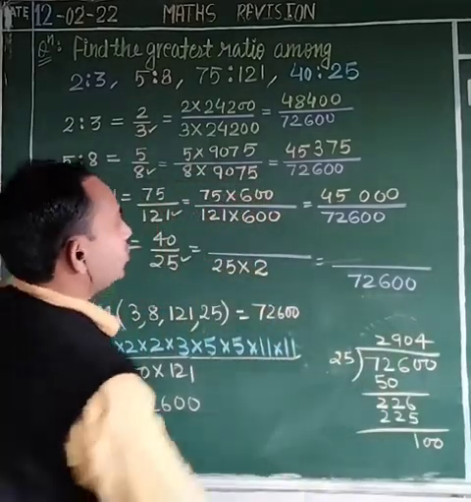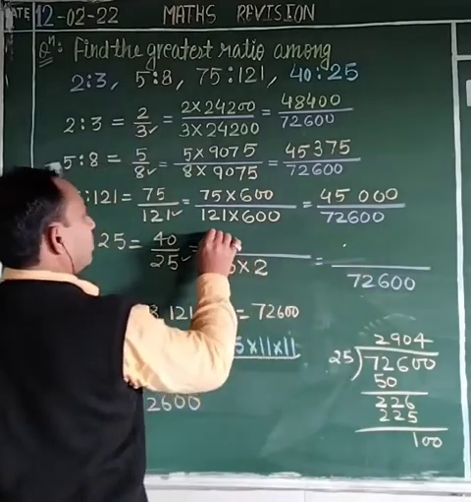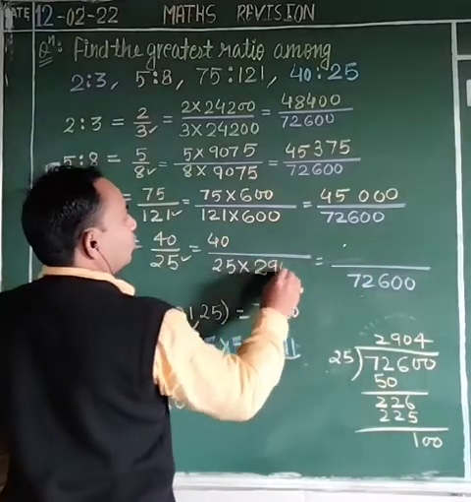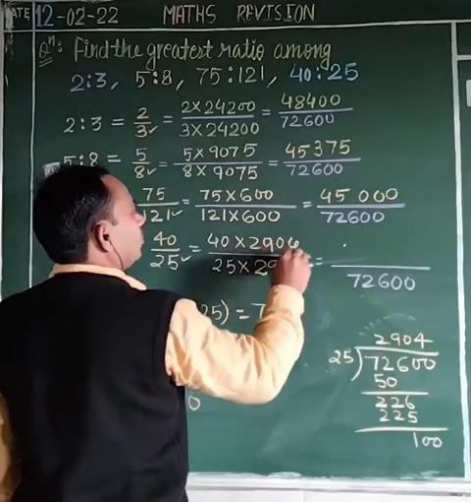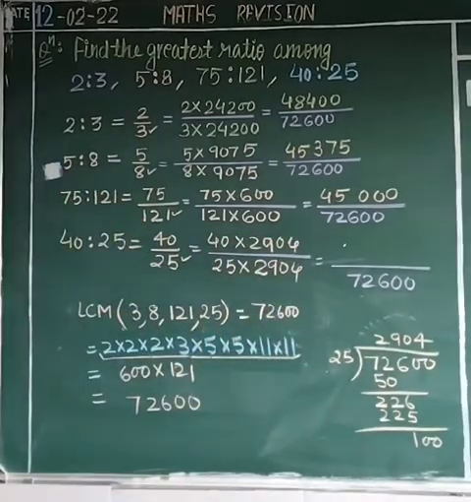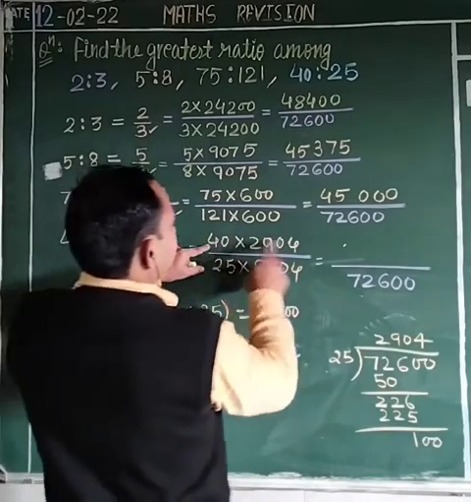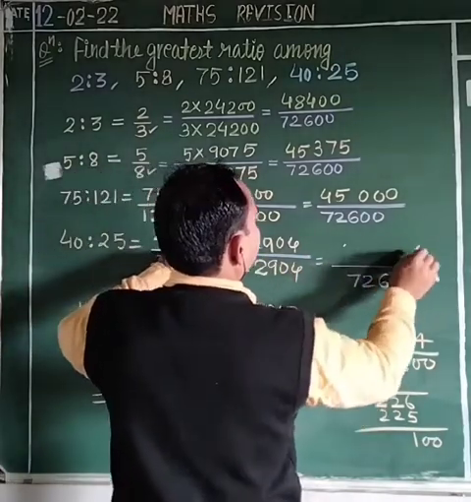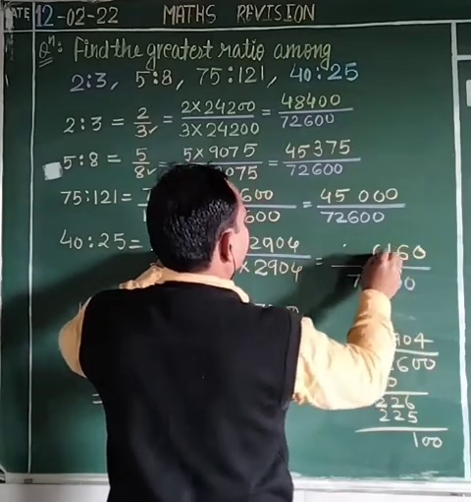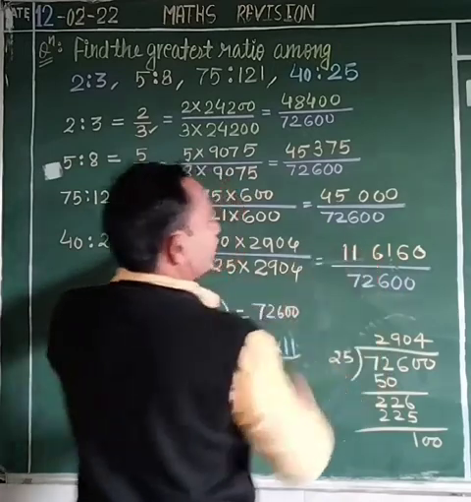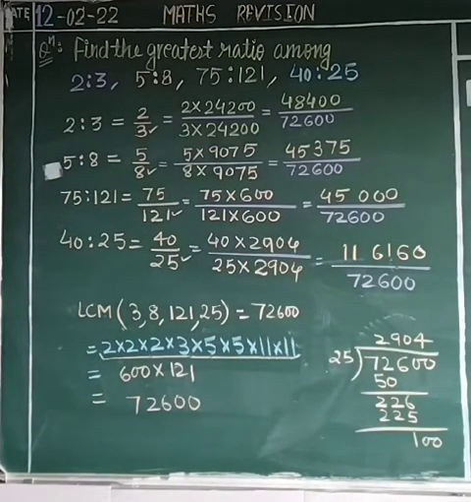Okay, 2904. So here 2904, and the numerator is also multiplied by 2904. Check 0. These numbers are coming class.